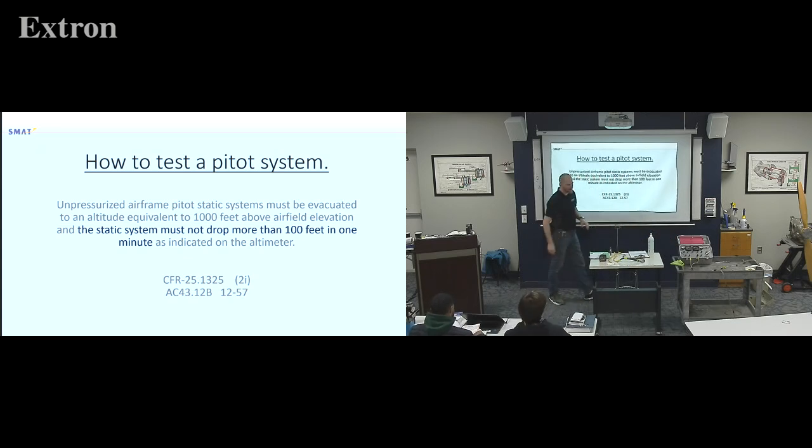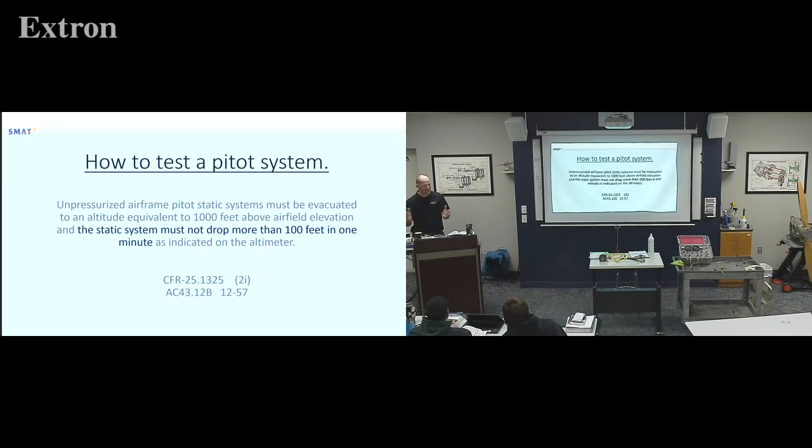This is the box, or very, very similar to it, that an instrument repair station would use. So we have one here to do some of the tests that we're doing. This is way overkill for what AC-43 or most of your books would say. So don't think, hey, I need one of those fancy boxes. You could use a piece of surgical tubing, you could use your tongue and blow on the thing.